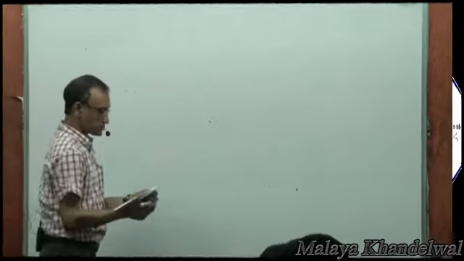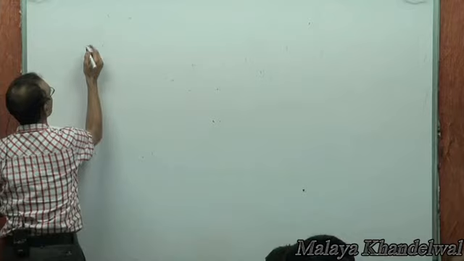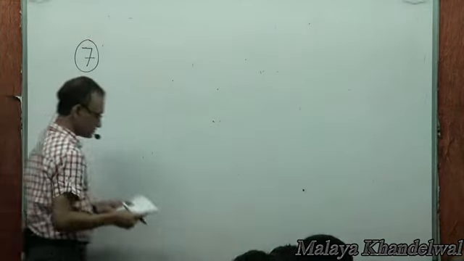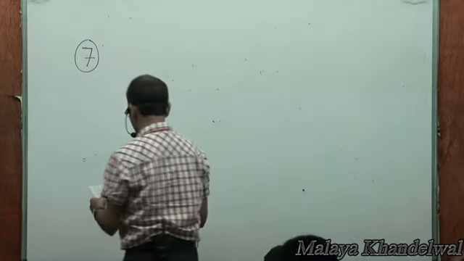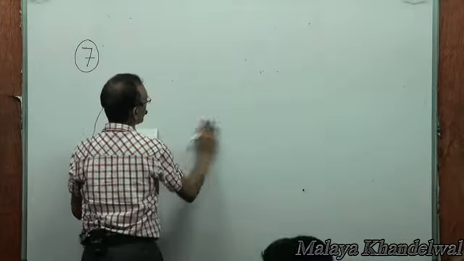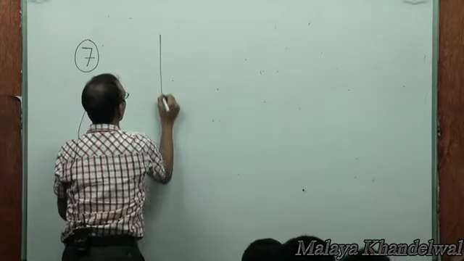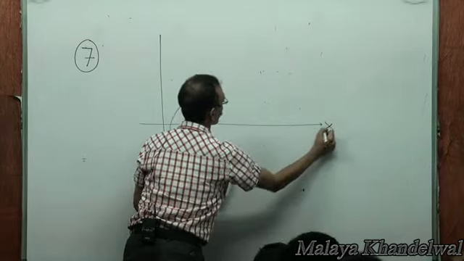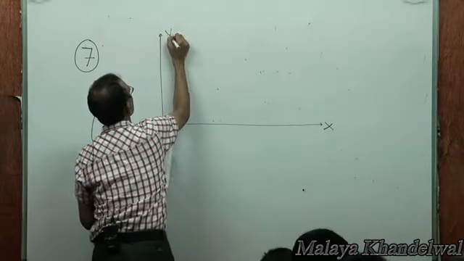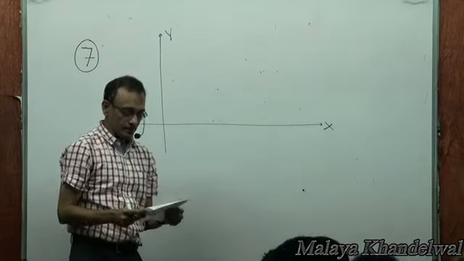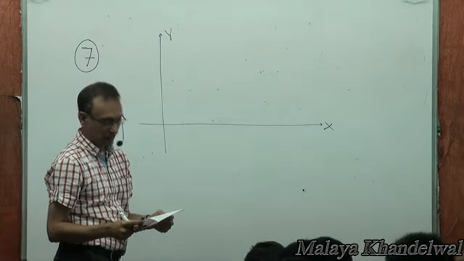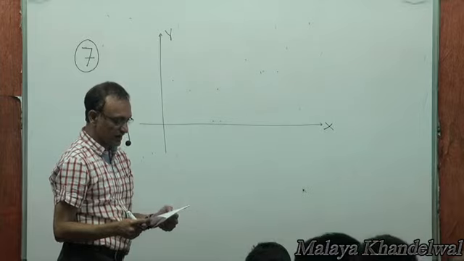Let's look at problem number 7. An isosceles right angle triangle ABC with BC equal to AC slides on the coordinate axes, with A and B on the X and Y axis respectively.